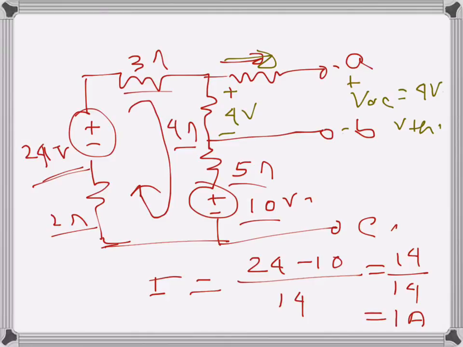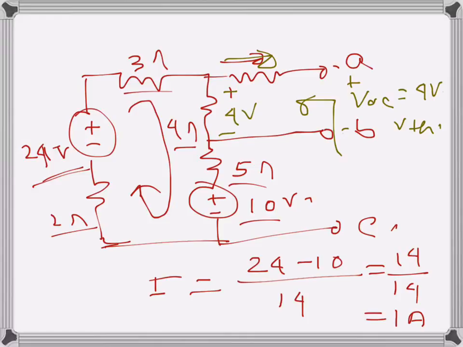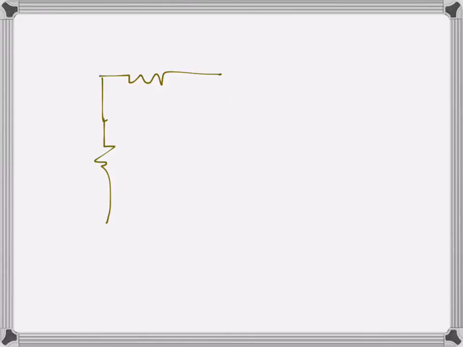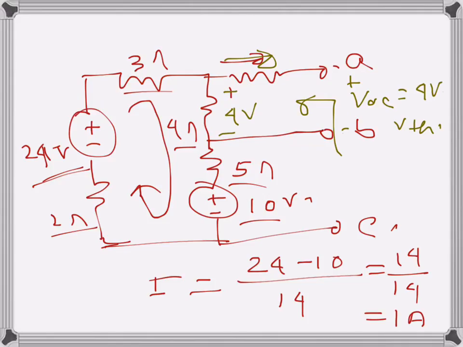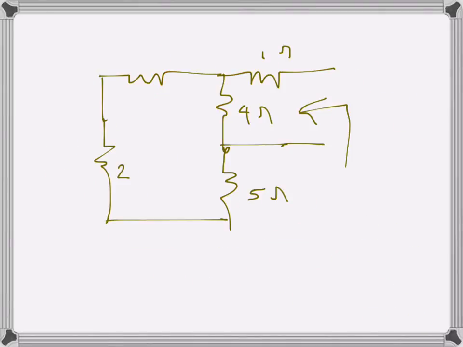And if we want to find the resistance as seen from here, we have to make all the voltage sources short circuited. So this one stays there, this one there, and this one there. We want to find the resistance as seen here. So this is 4 ohms, 5 ohms, 2 ohms, 2 ohms, and 3 ohms.